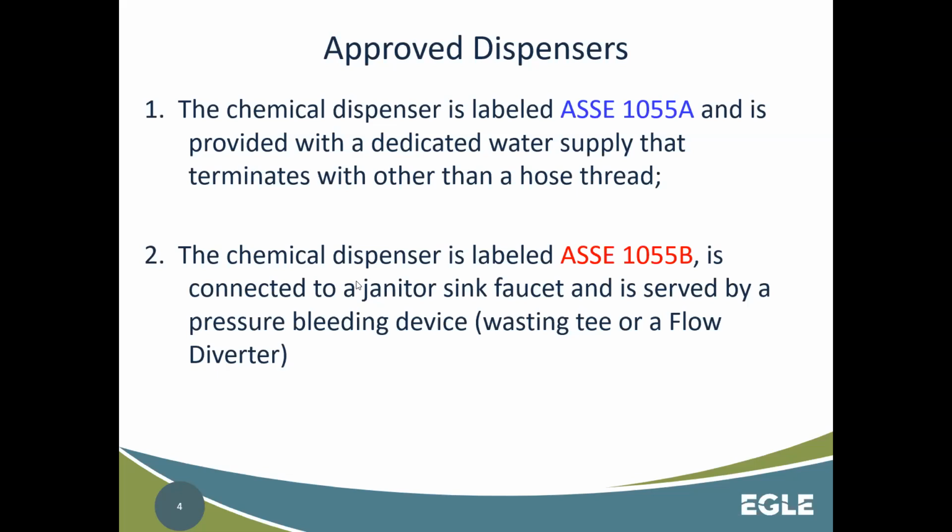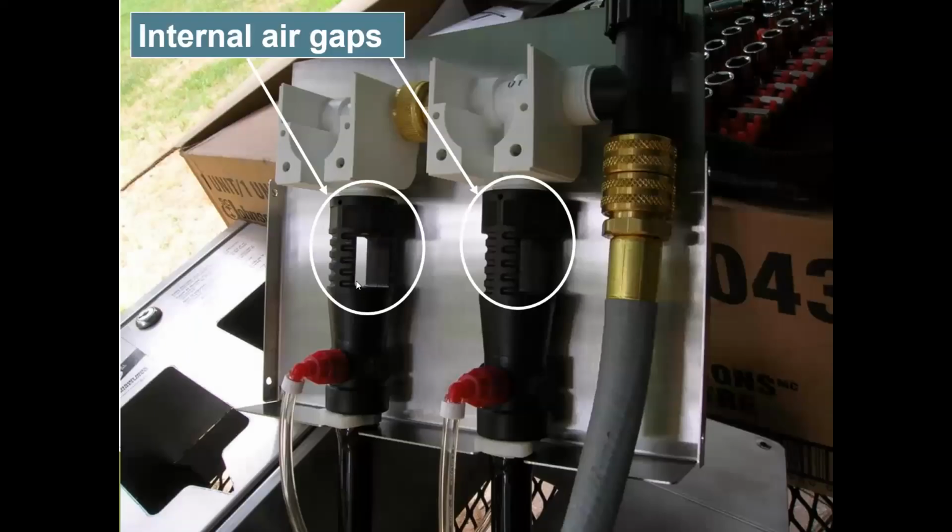So this is an actual cutaway of one of those chemical dispensers. Basically, we've taken its plastic shell off. The way that they're designed is you've got your water supply coming in, in this case the gray hose, and then we have these built-in air gaps that are internal to the unit. So any of them that have one of those ASSE stickers, this is what the inside looks like.